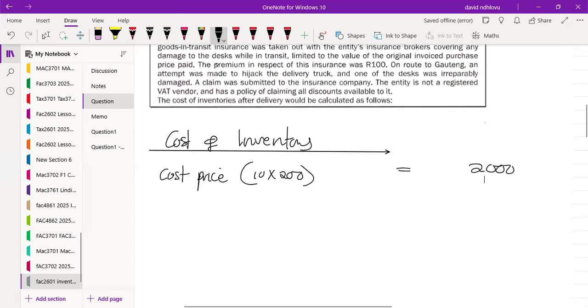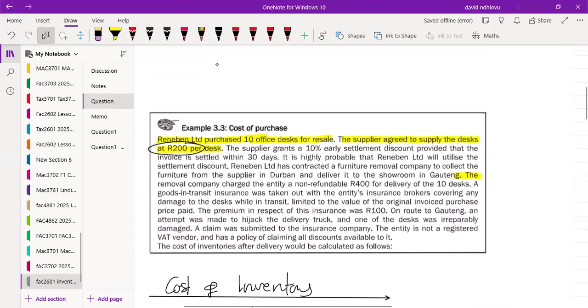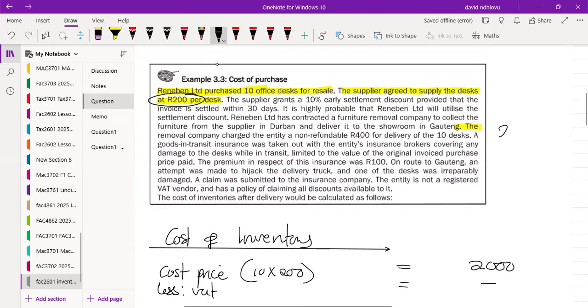Then normally we say less VAT. There was no VAT on this one. I'm just including it so that we remember it. So please remember, if you had been given, say, an amount of 230,000 including VAT, say the VAT was at 15% per annum, that is before the current increase that is causing all the problems in the country.